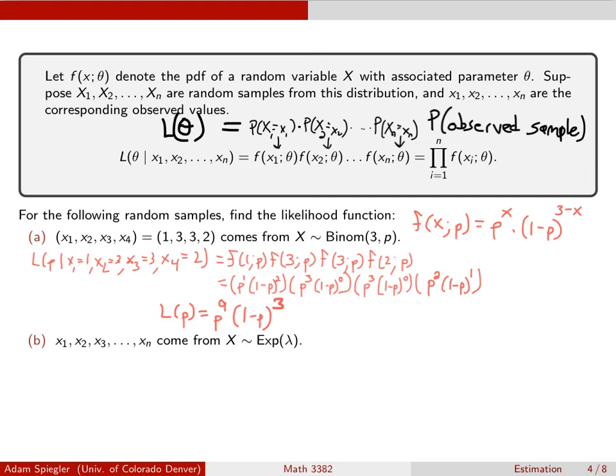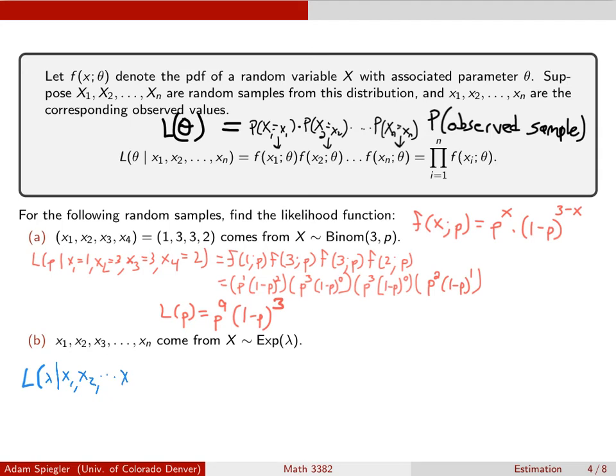So in part B, what we would want to do is say, well, this likelihood function is going to depend on this parameter. For exponential distributions, we usually use lambda, and what we're given is a set of observations.